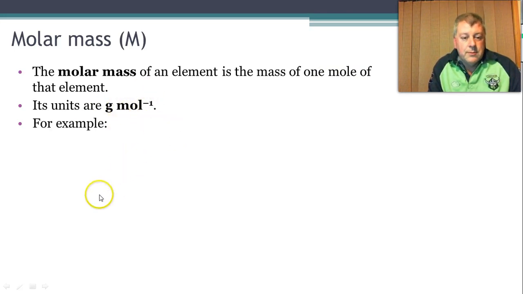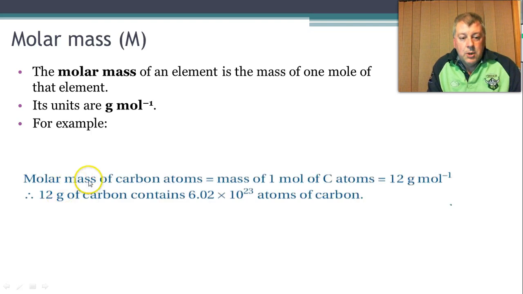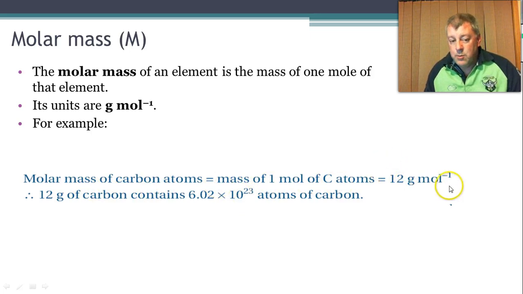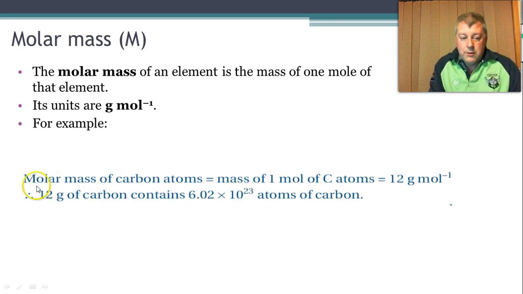For example, the molar mass of carbon atoms equals the mass of 1 mole of carbon atoms, which equals 12 grams per mole. So what is the molar mass of carbon? It's 12 grams per mole. So if you have 12 grams of carbon, it contains 6.02 times 10 to the 23 atoms, because 1 mole must include that number of particles, Avogadro's number of atoms.